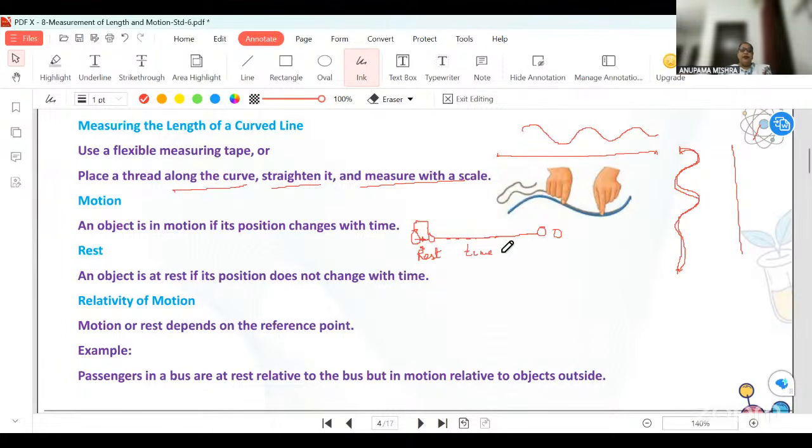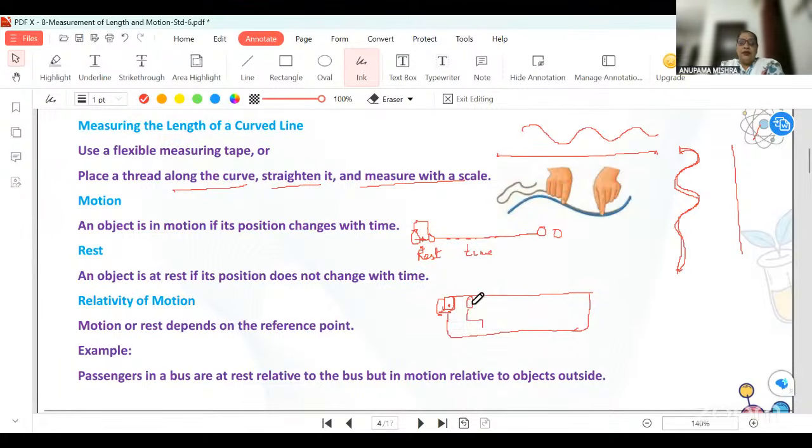Then relativity of motion. Motion or rest depends on the reference point. Example: passengers in a bus are at rest relative to the bus, but in motion relative to objects outside. Now see, you are sitting in the bus. This is the bus. My drawing is always bad, I'm telling you. This is the driver's seat, okay? So you are sitting here.